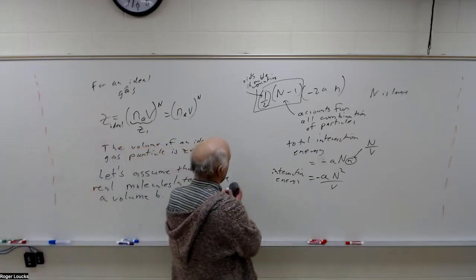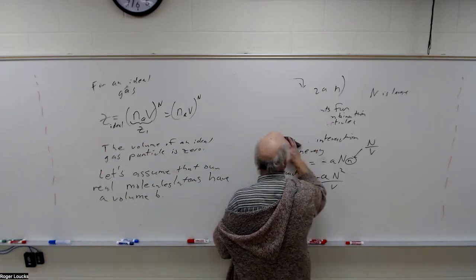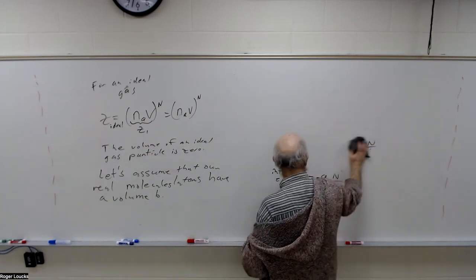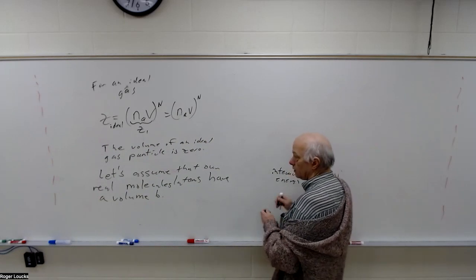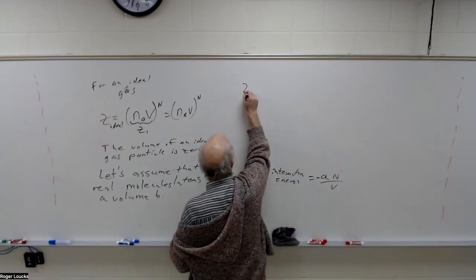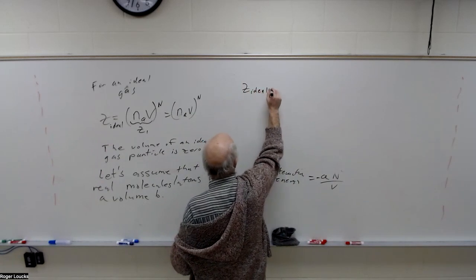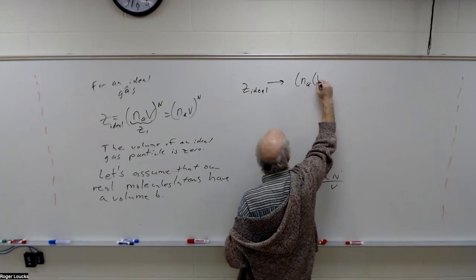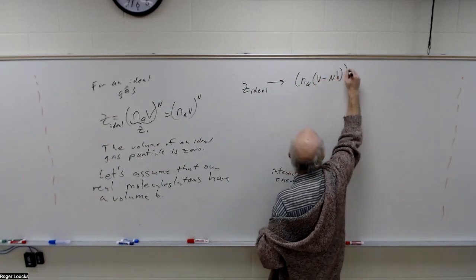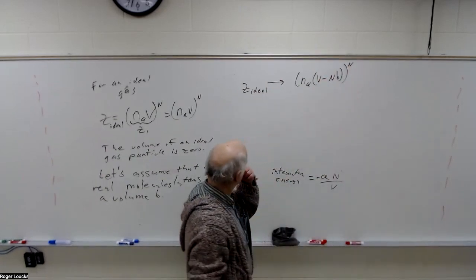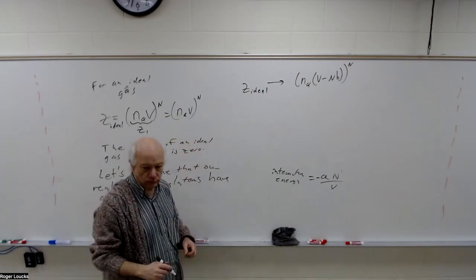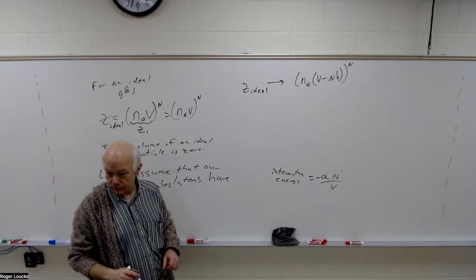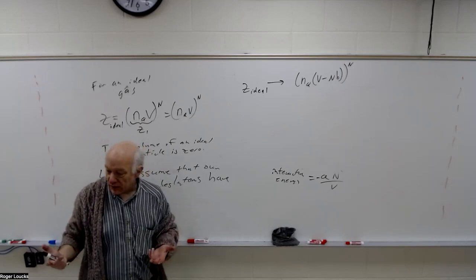So one correction we can have is nQ times (V minus N b), all raised to the N. Okay, makes sense.